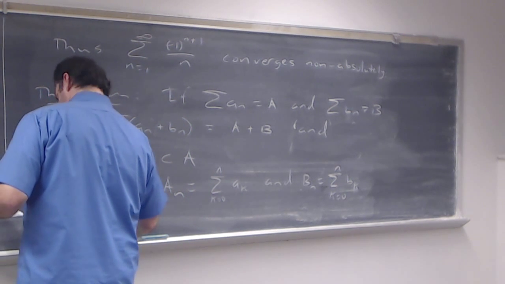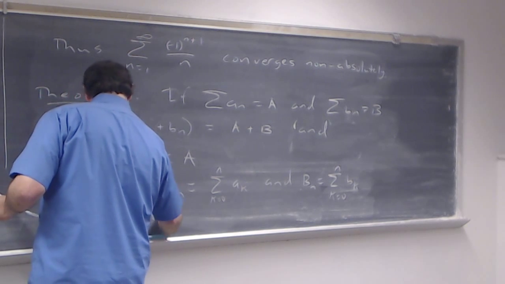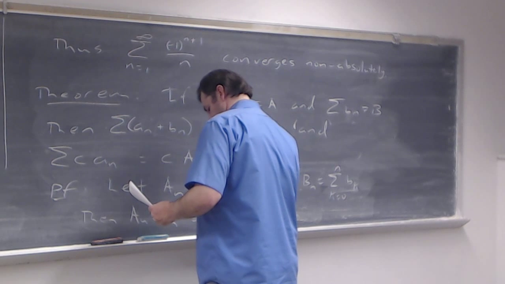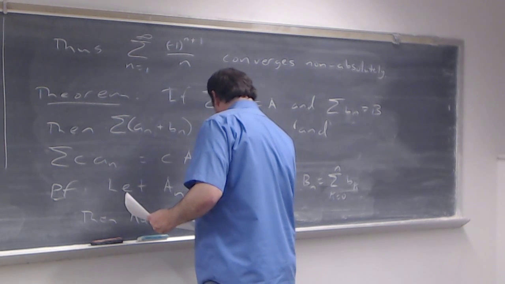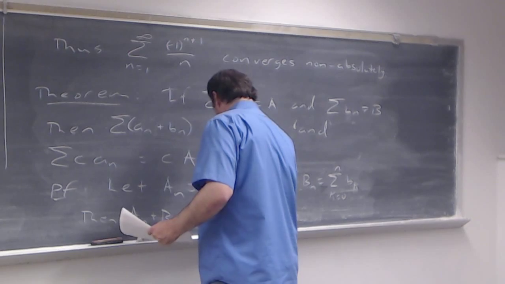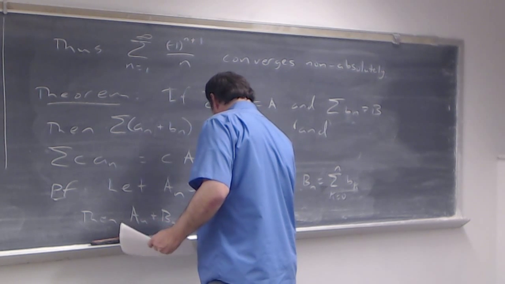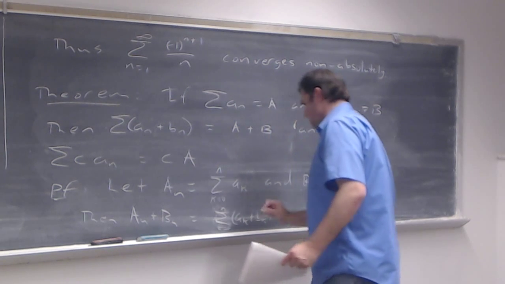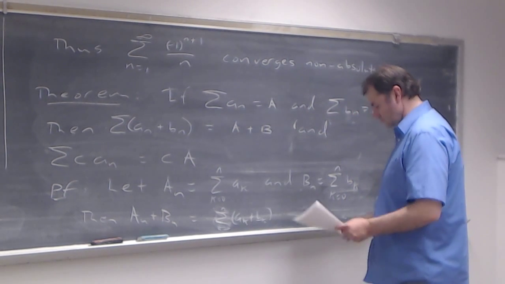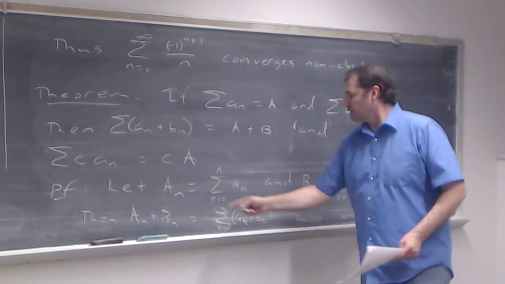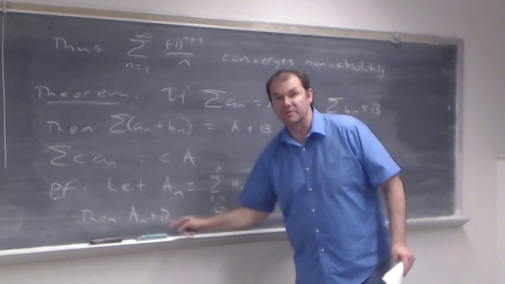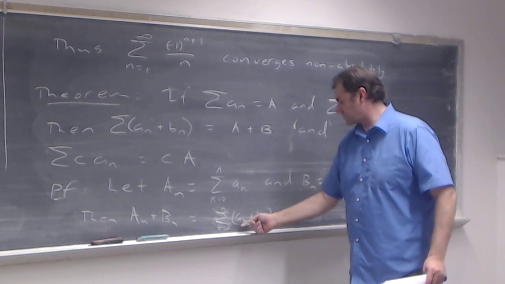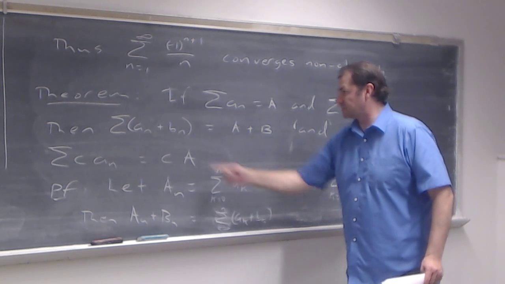Then A sub n plus B sub n would be equal to the sum as k runs from 0 to n of a sub k plus b sub k. That's how we can rewrite it. And that would be the term in the sequence of partial sums of the infinite series of the a sub n plus b sub n, right here.